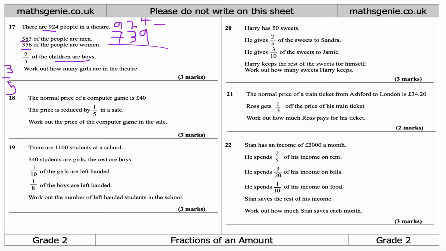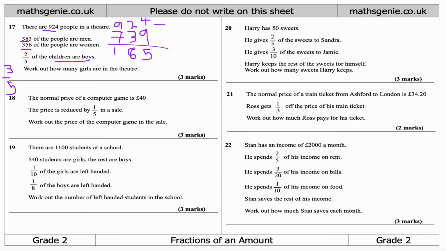So the ones that are left will be children. So 924 take away 739 is 185. So 185 children are left.